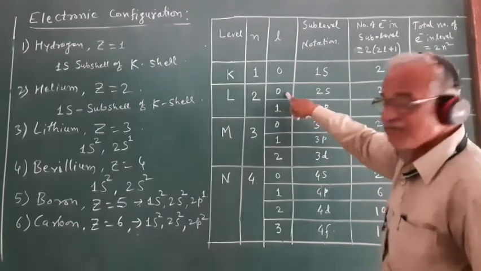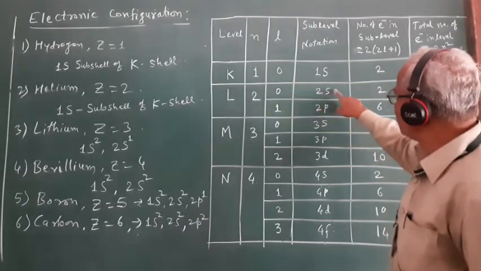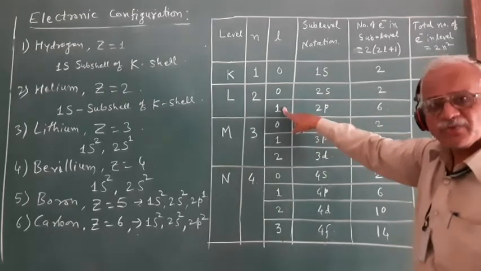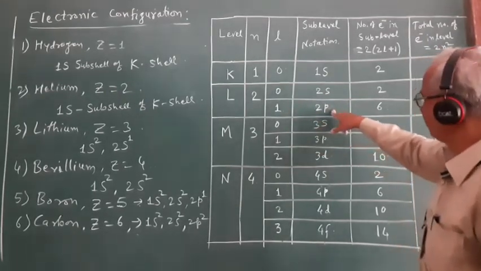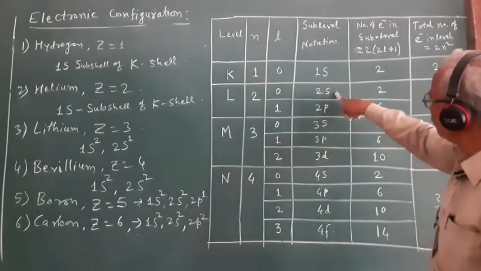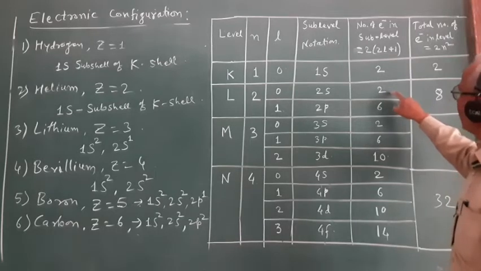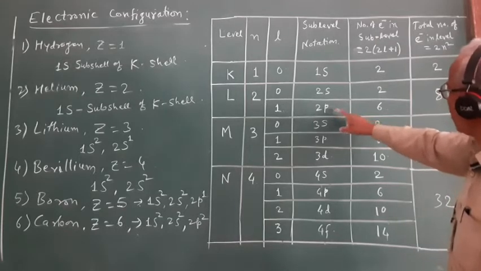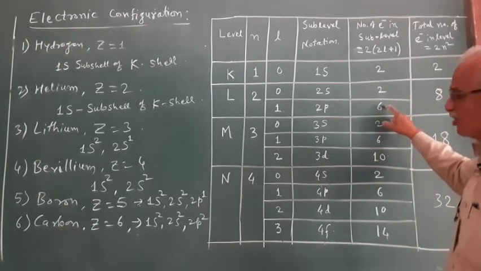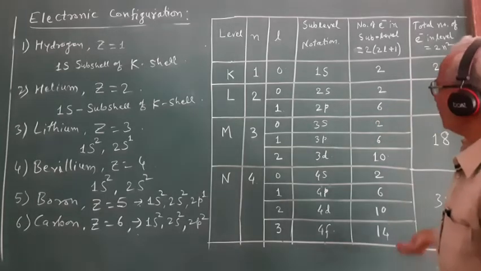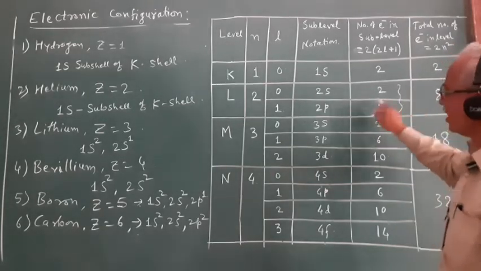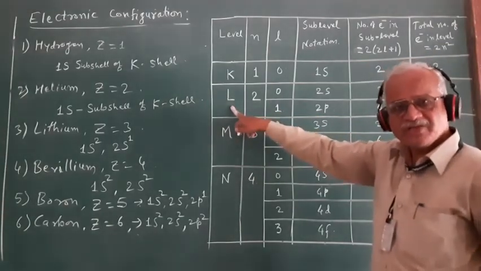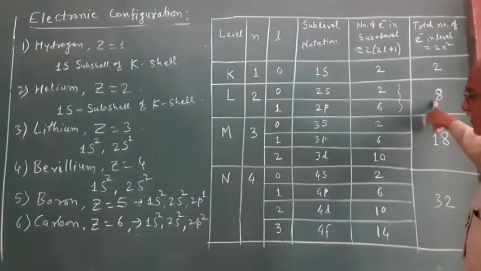The first subshell for which l is equal to 0 is denoted by 2s and the second subshell for which l is equal to 1 is denoted by 2p. The 2s subshell will accommodate a maximum of 2 electrons and the 2p subshell a maximum of 6 electrons, so that the total number of electrons that can be accommodated in the L shell will be equal to 8.